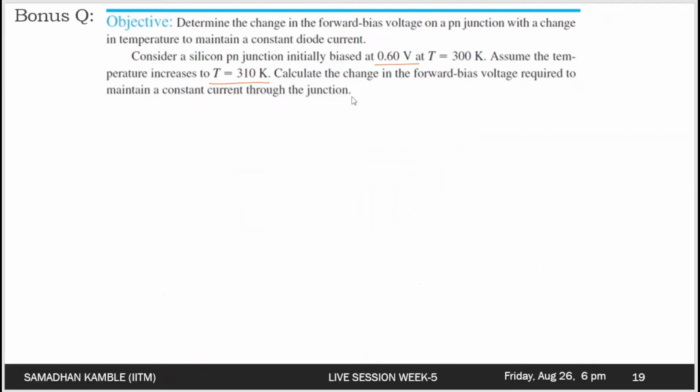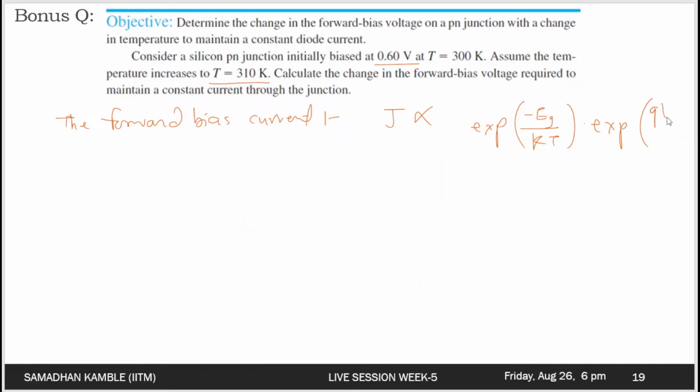Okay, so this is about the temperature dependence. So the forward bias current can be written as J, which is directly proportional to exponential of minus Eg over kT times exponential of qVA by kT.